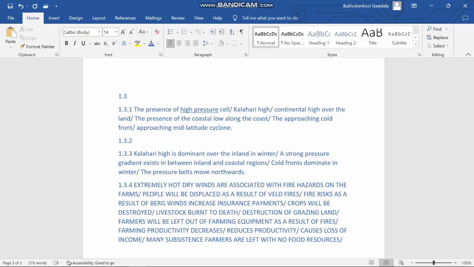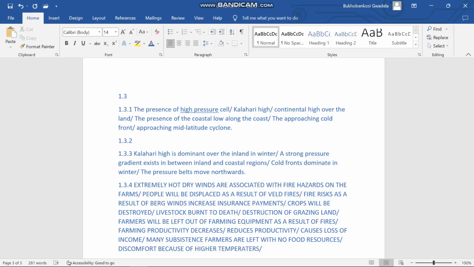You can also say these berg winds cause discomfort because of higher temperatures, or these hot dry winds.